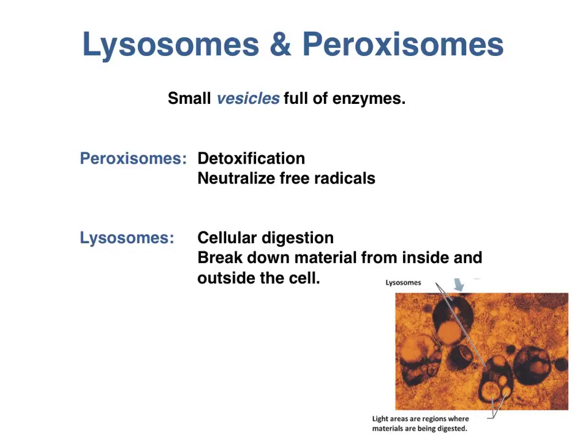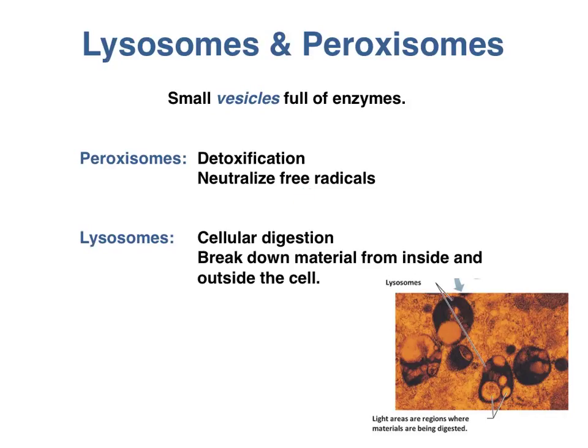So peroxisomes are primarily for detoxification, neutralizing dangerous molecules, specifically neutralizing free radicals. Free radicals are molecules that really, really like to form bonds with other molecules. They'll butt in where they aren't wanted all over the place, messing up your proteins, messing up your lipids, messing up your DNA.